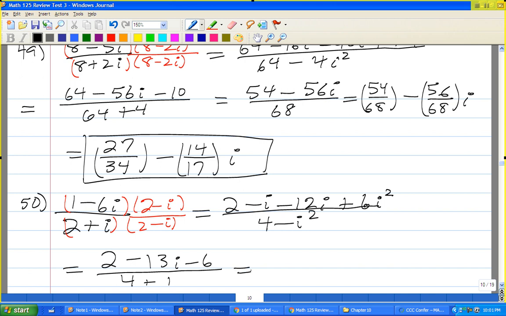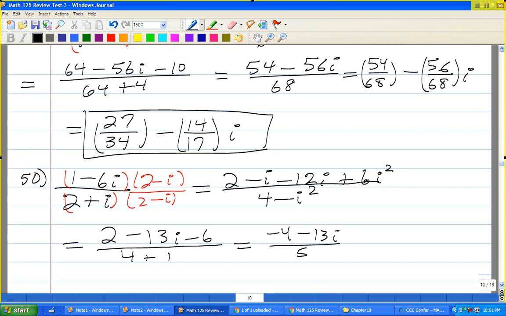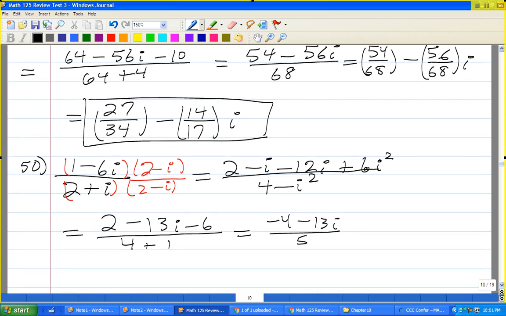And so this is equal to 2 minus 6, which is a negative 4, minus 13i over 5. And so this is the same as negative 4/5 minus 13/5 i.